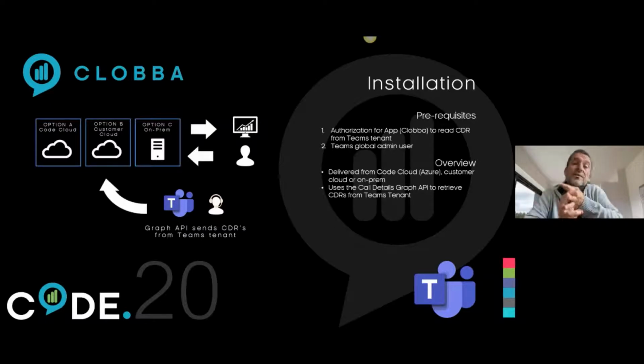Installation, so we can deploy Clobba either from our cloud, which is Azure based. We can deploy it on-prem. When I say on-prem, it can either be physical servers or the customer's or user's cloud, typically an Azure instance. And finally, we can actually deploy it into our partner data center.